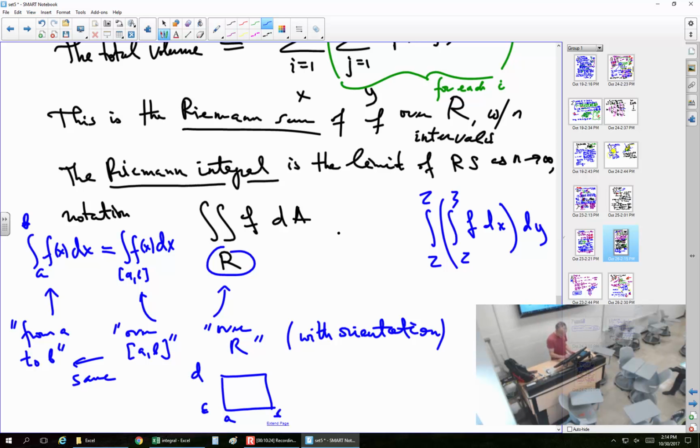It is whether the orientations of the two intervals coincide with the orientations of the x and y axes. It is the presumption that they do, and if they're opposite, then we have to adjust the sign. That is the meaning of integrals over rectangles or intervals when they have orientation opposite to that of the xy plane.